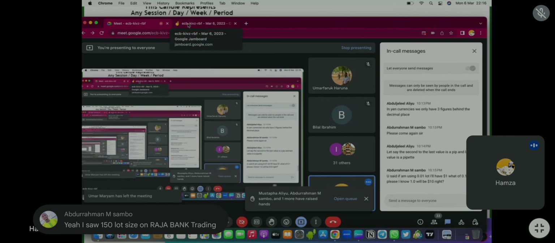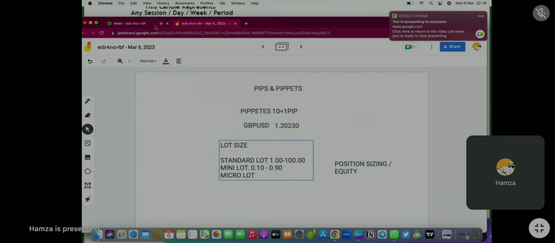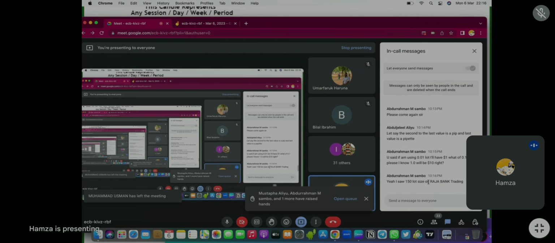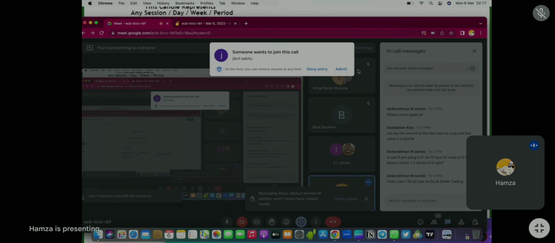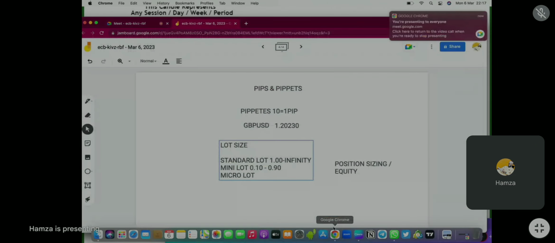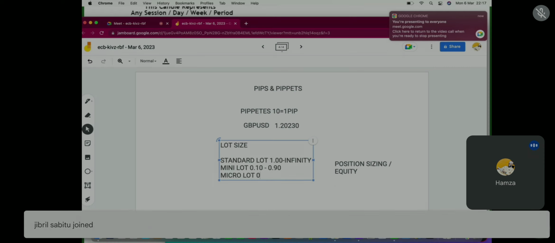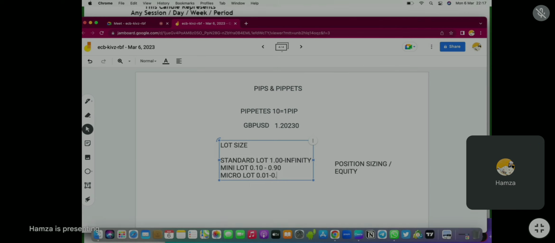For the sake of it, let's just say 1 to infinity. The mini lot is 0.01 to 0.09.